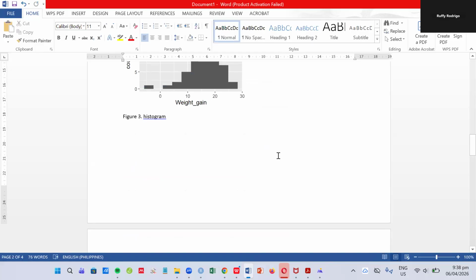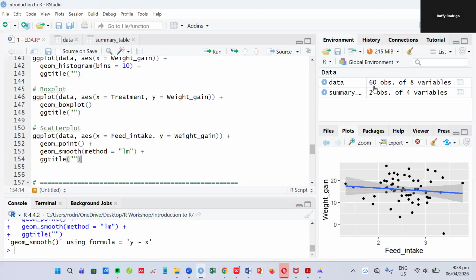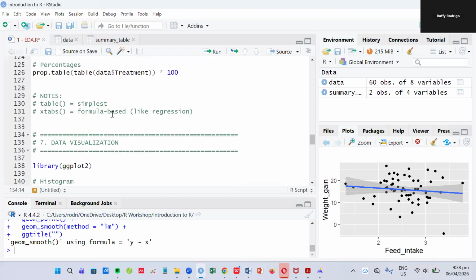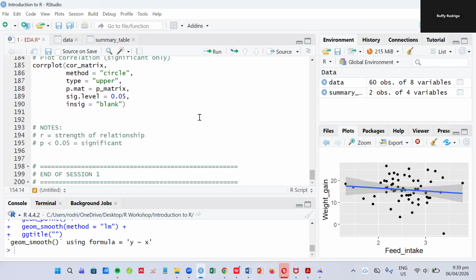I used ANOVA to test such and such, because you know exactly what you did. So it was easy for you to write the story, because you are the one who analyzed your data.